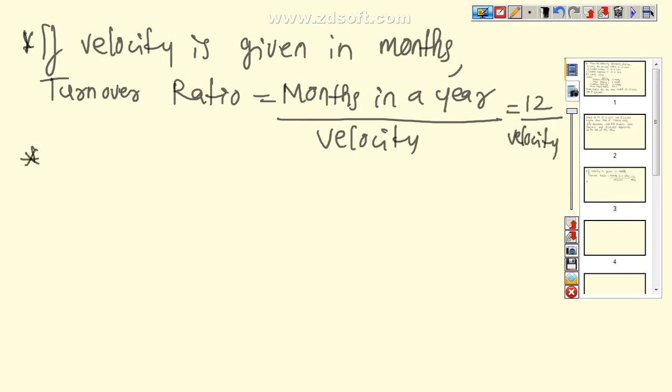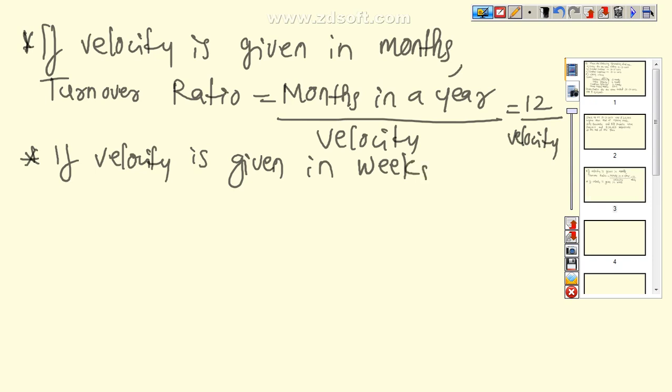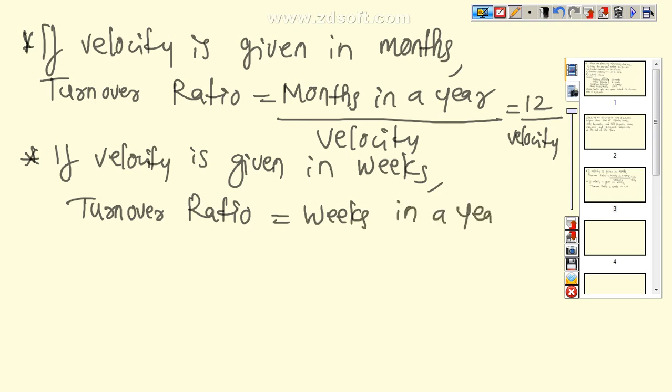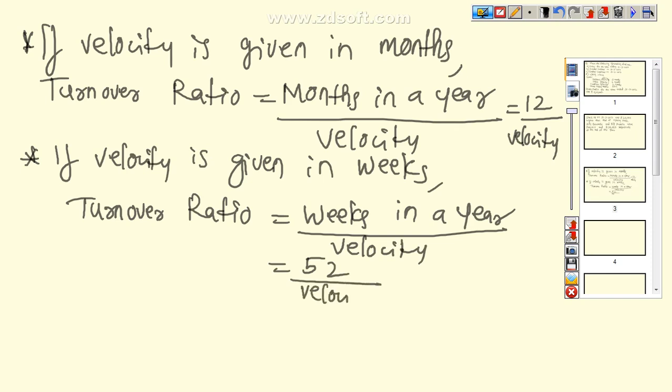Second, sometimes the velocity might be given in weeks. If velocity is given in weeks, then turnover ratio is equal to weeks in a year upon velocity, so that is 52 upon velocity.